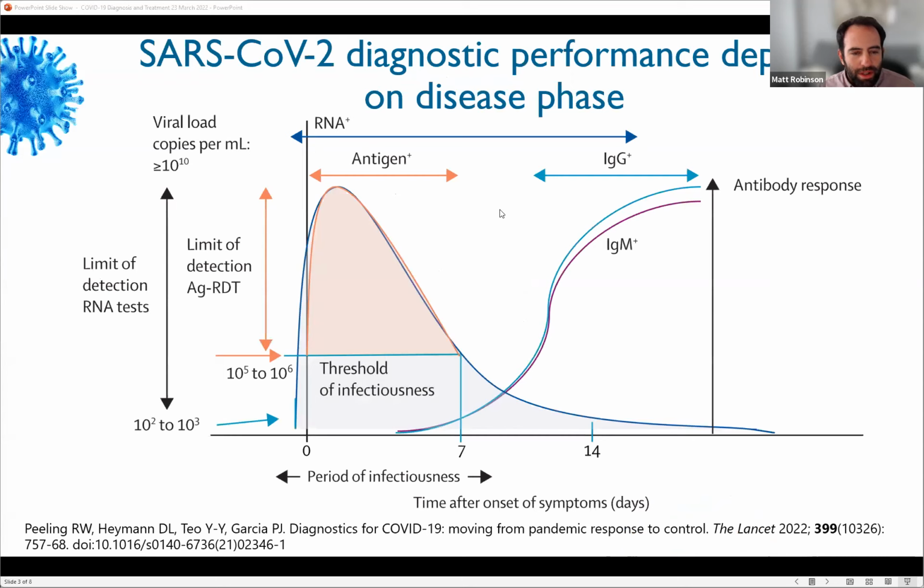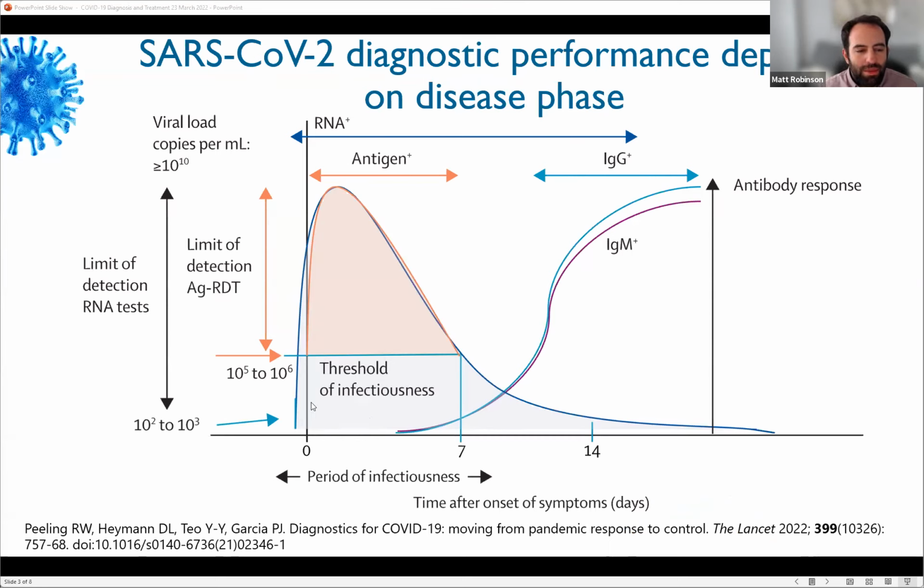So when we think about diagnostics for COVID, it's important to think about where a patient is in their disease course. Before patients become symptomatic with COVID, they will have detectable viral RNA, which can be detected by PCR tests or other nucleic acid tests.